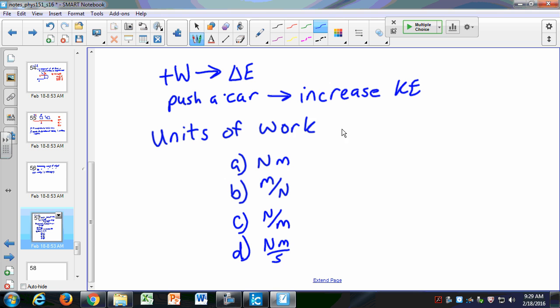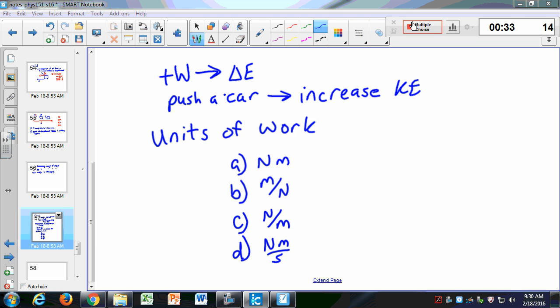Which of those is a unit for work? Think back, what is work? I mean, how do I find work? And then you can reason out what the units are.